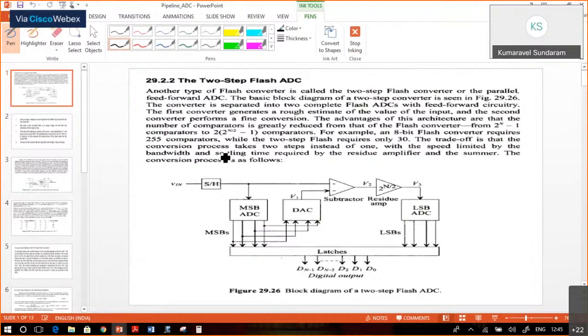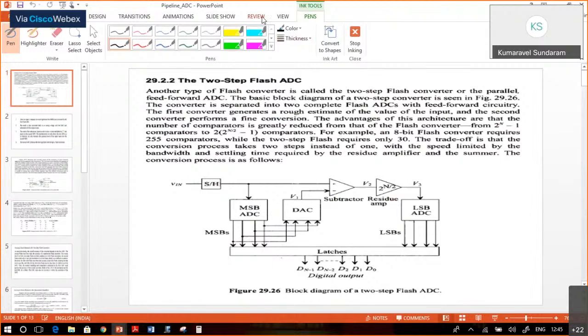In this architecture of the two-step flash ADC, we are dividing the ADC into an LSB ADC and an MSB ADC.